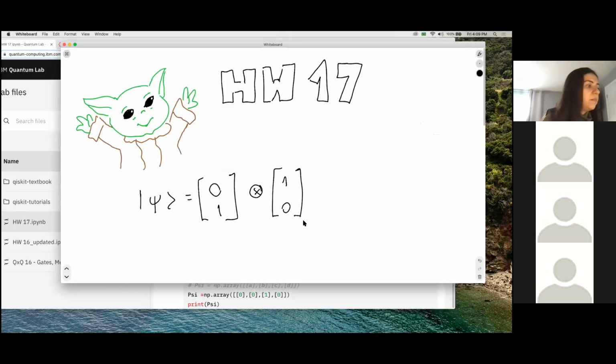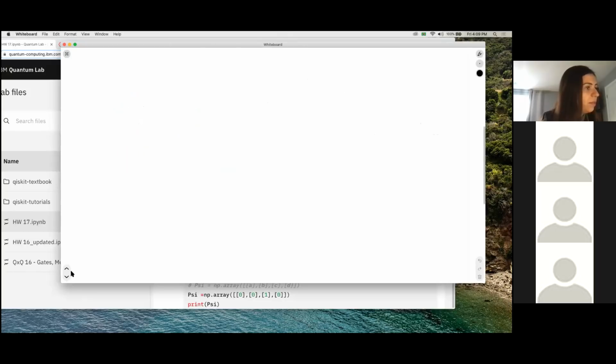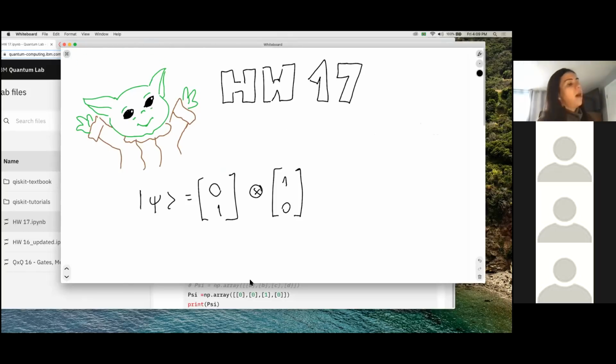Tensor products are solved in a different way than an ordinary product. I'm going to do it here because we have more room. I'm going to copy 0 and 1, which is our first vector, and repeat this vector here. For each element of the first vector, I'm going to repeat this entire vector.